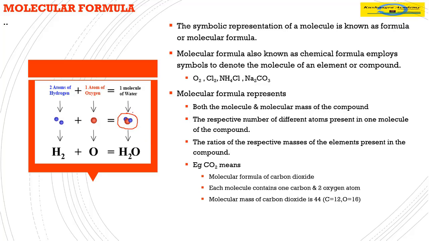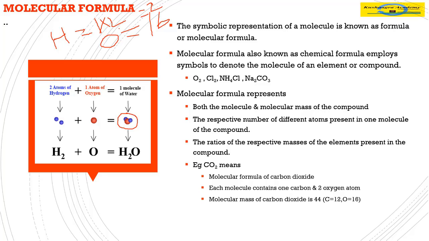With the help of the number of atoms and their atomic mass, we can easily find out the molecular mass of the compound. So what is the atomic mass of hydrogen? It is 1. And what is the atomic mass of oxygen? It is 16. Now we can see that there are 2 atoms of hydrogen, so we multiply 1 by 2, that is 2.